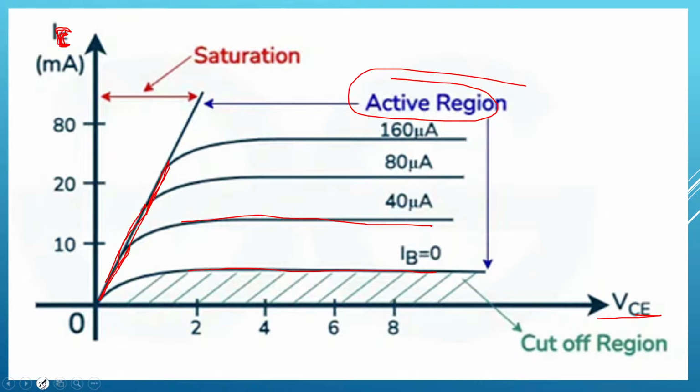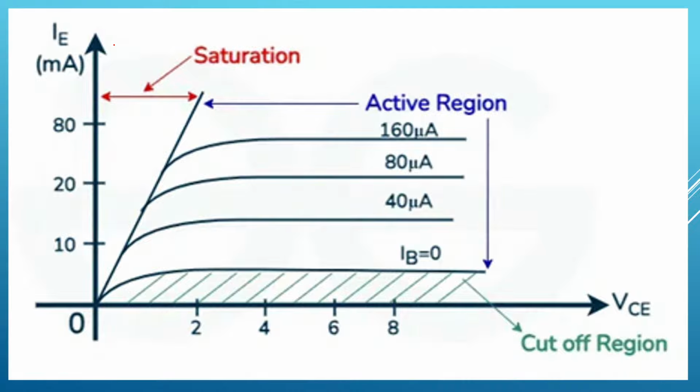These are the characteristics. Now draw the output characteristics. For plotting the output characteristics, we are assuming base current constant. We are plotting the graph between IC and VCE.